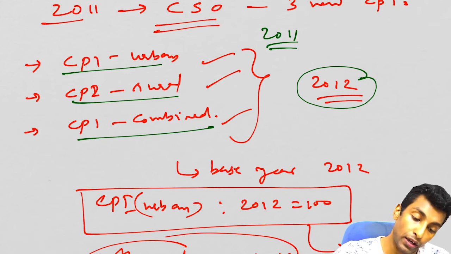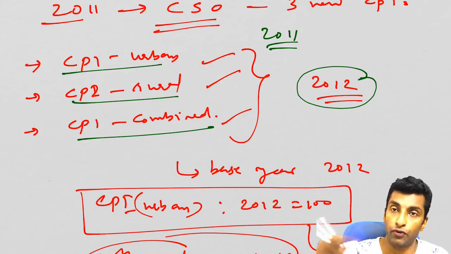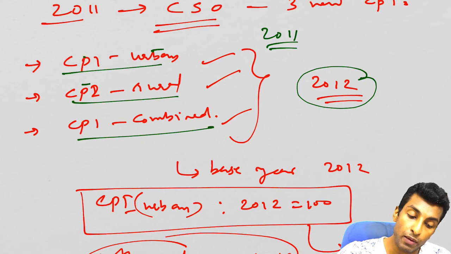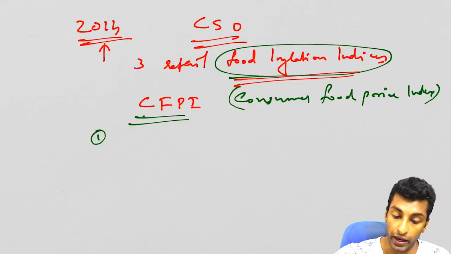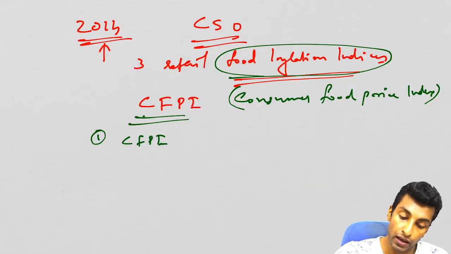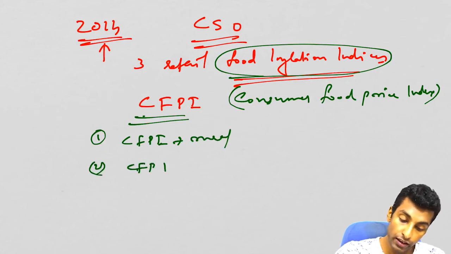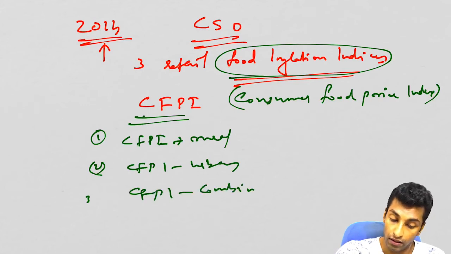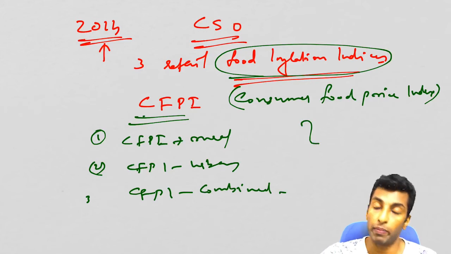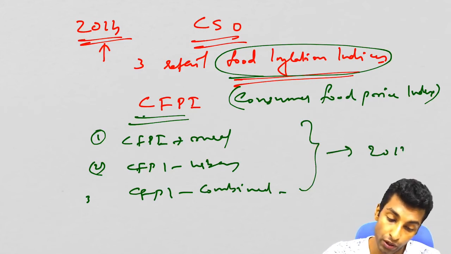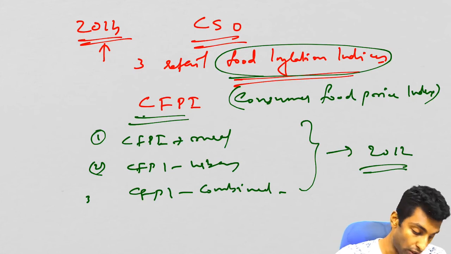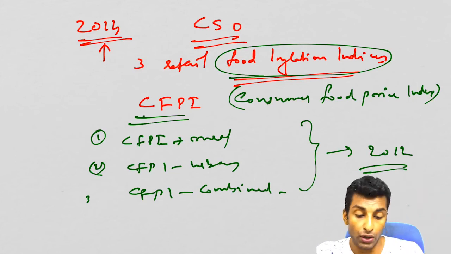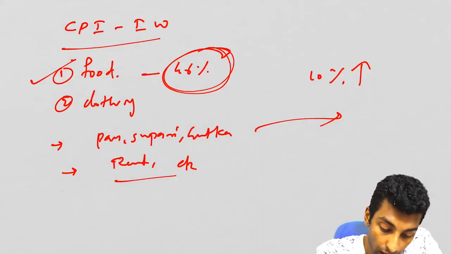Okay, so now we are going to discuss retail food inflation. So CFPI urban, CFPI rural, CFPI combined. Now the base year of these 3 is also 2012. So how many CPIs are there now in total?